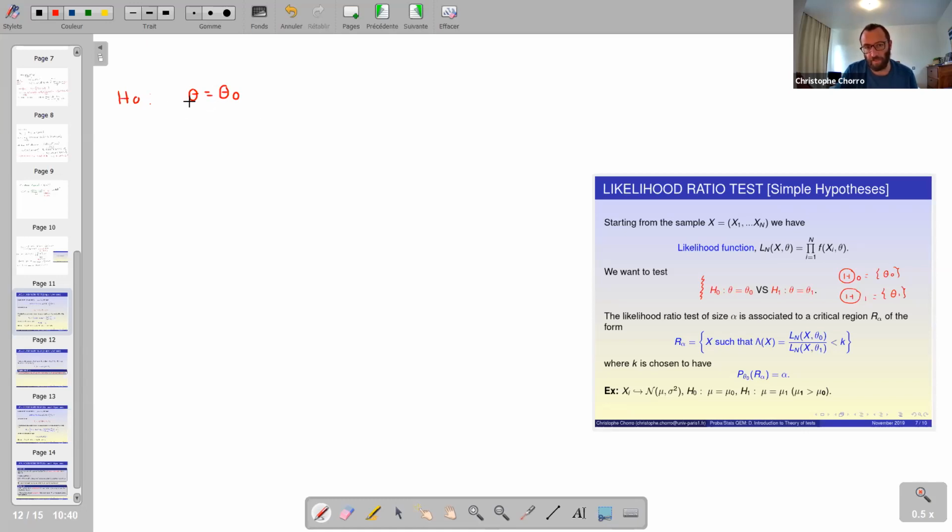Under this hypothesis, intuitively, according to what I have done before, ln of theta 0 will be maximal.